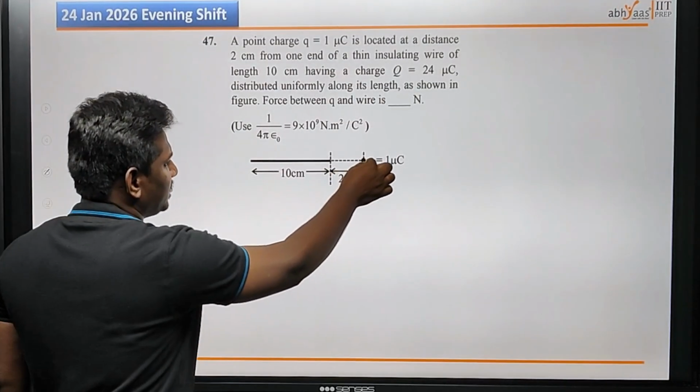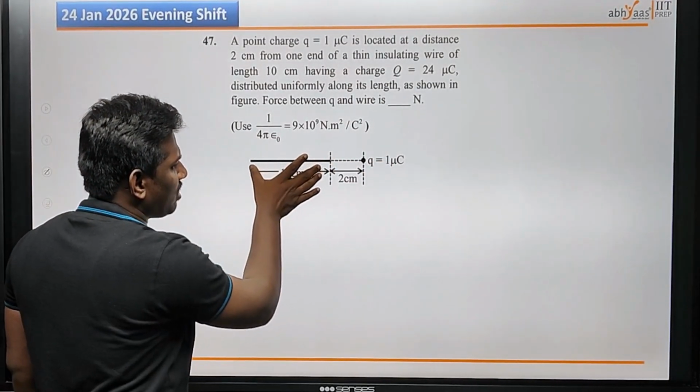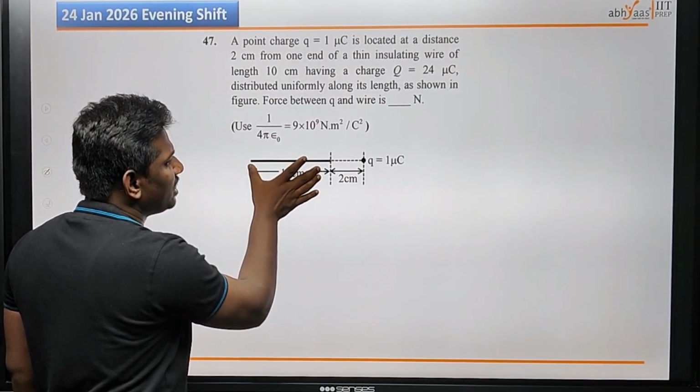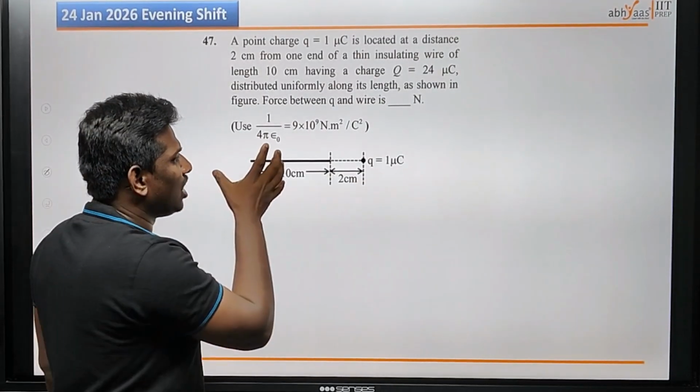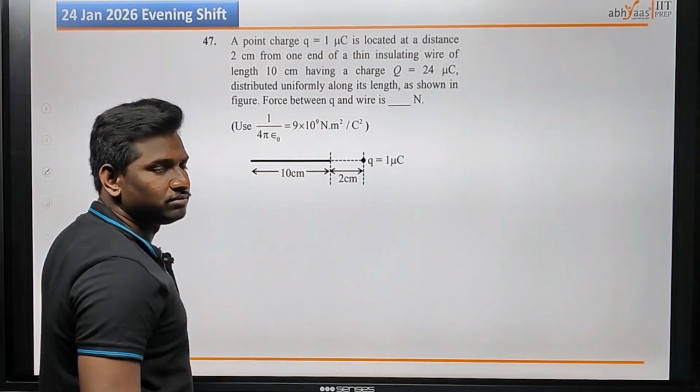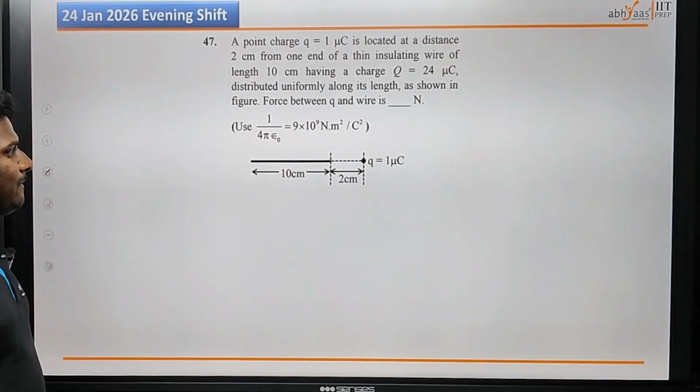This is our point charge, but we have a rod of length 10 centimeter having charge 24 microcoulomb. You have to find the force between these two systems.